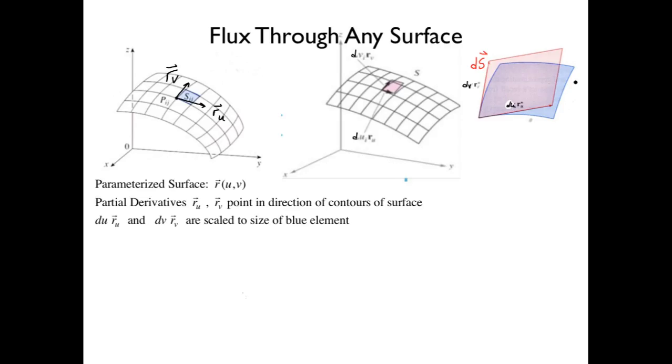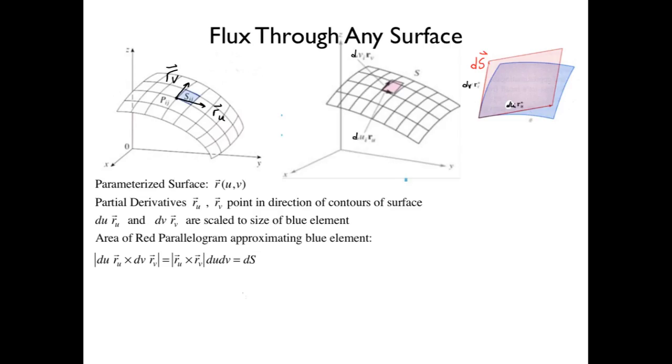And when things get small, those flat parallelograms will reproduce all the blue elements. So the area of the red parallelogram is going to be the magnitude of the cross product of that thing. So that then is what we could also call ds.